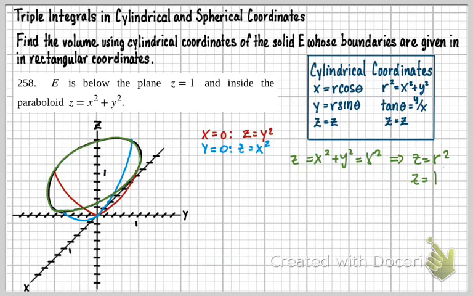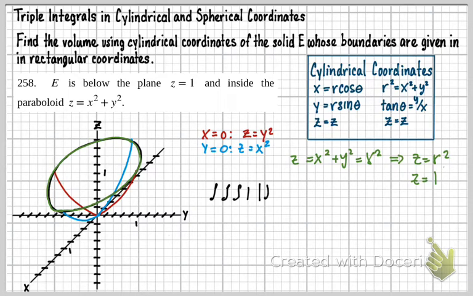So now we have all the parameters we need for this. There's one more thing we're missing here, because we're thinking about this in terms of a triple integral. So our setup will be, I have this triple integral, and then I have my 1, because we're talking about a volume, and a triple integral is going to give me a volume if my f(x,y,z) is 1.